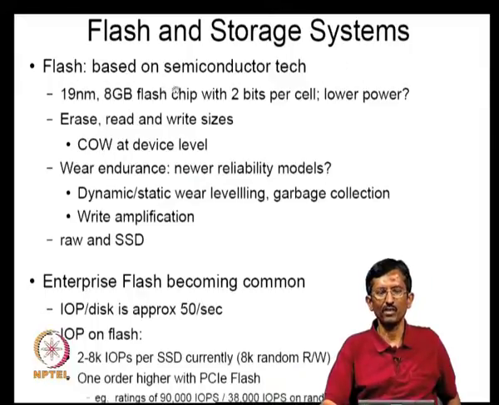Flash is semiconductor technology, compared to the other two, which are electromechanical. What is good about this is that you can now integrate CPU, storage, and memory in a similar technology. Of course, if you talk to serious IC people, they will tell you that CPU technology is different from memory technology and from flash. But from a fabrication point of view, they are all the same.